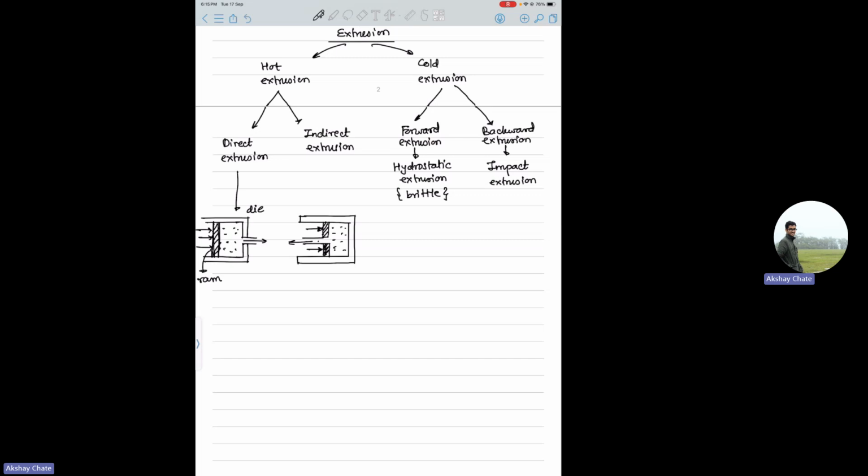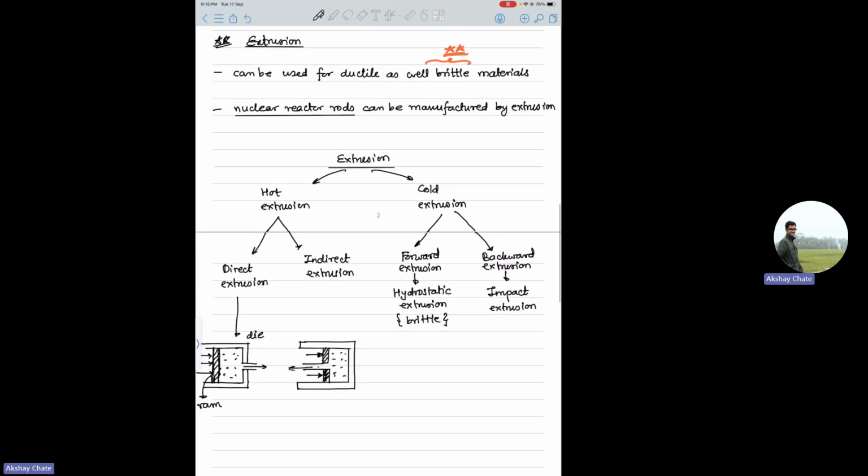Okay. And sometimes they ask why extrusion processes are used, those kind of things. So extrusion process is highly economical, that is first. And another characteristic is this one, brittle thing.